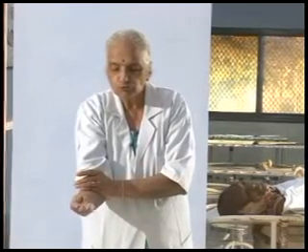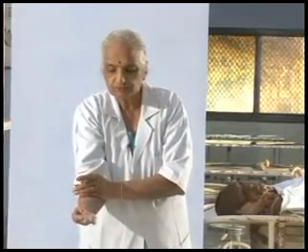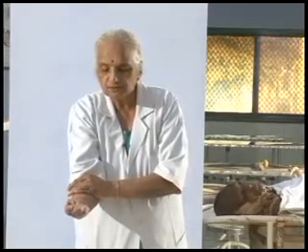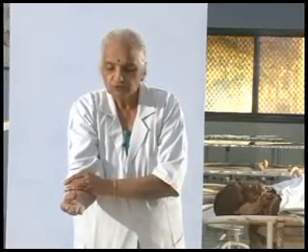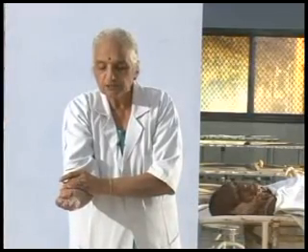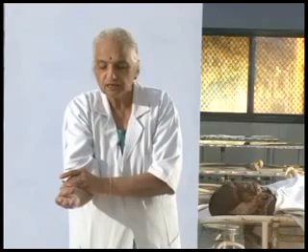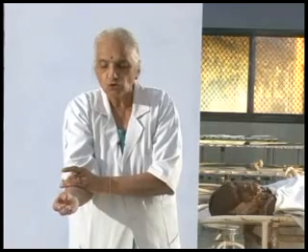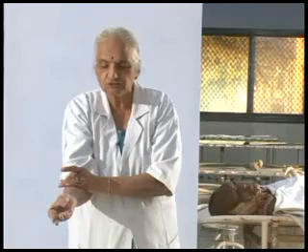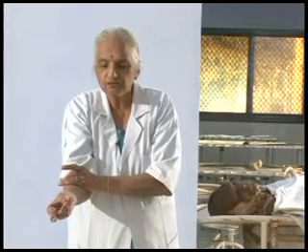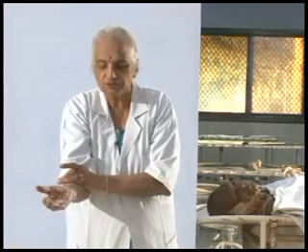This is the movement of adduction, done by adductor pollicis. When we take it across, this is flexion accompanied by medial rotation, and this one is opposition, when we are counting, touching the tip of the little finger, touching the tip of the other fingers.